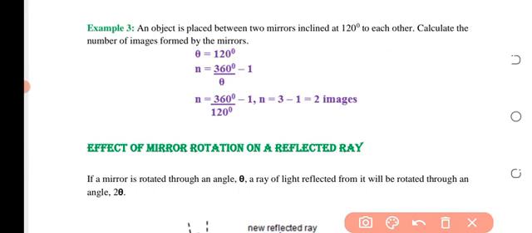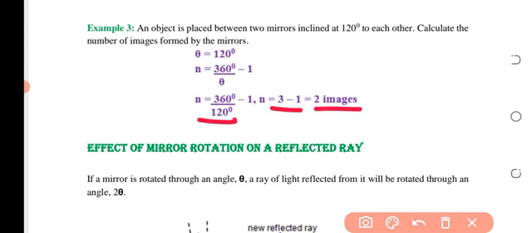Okay, let's quickly calculate this using the formula. The formula is n equals 360 degrees divided by theta, minus 1. And if our theta is 120 degrees, therefore we are going to have 360 divided by 120, and we are going to subtract 1 from everything. That will be 3 minus 1, and we are going to have 2 images.